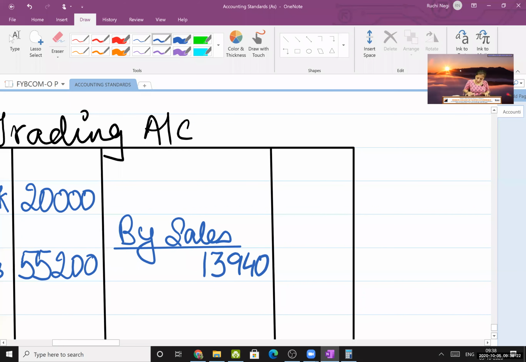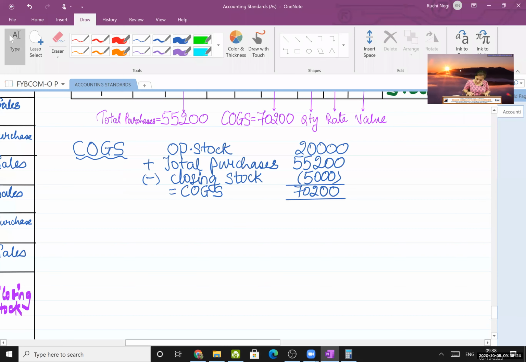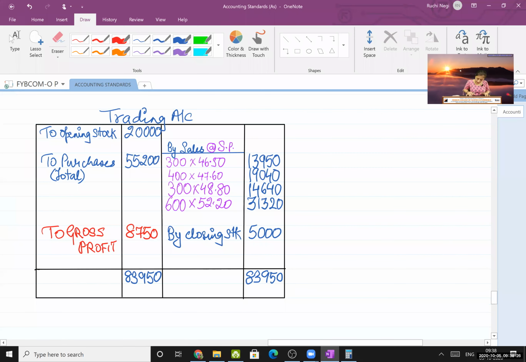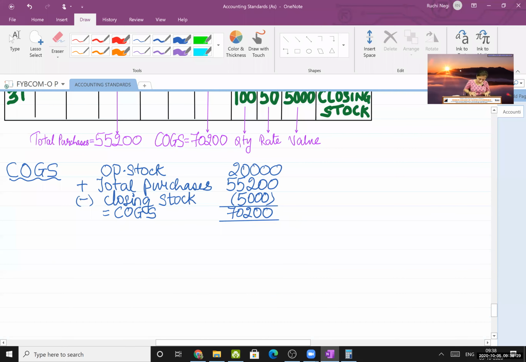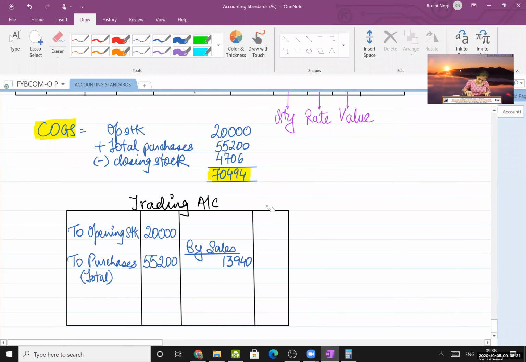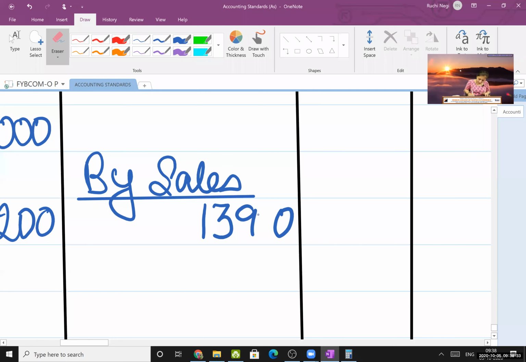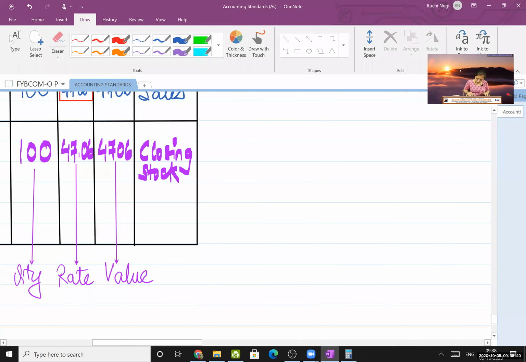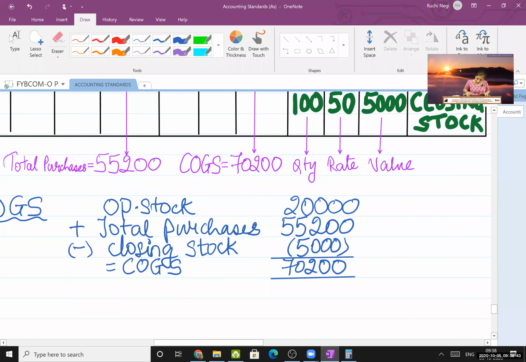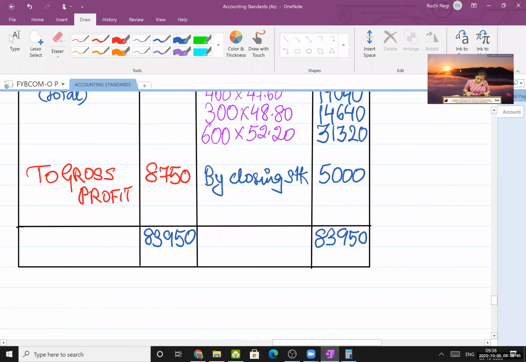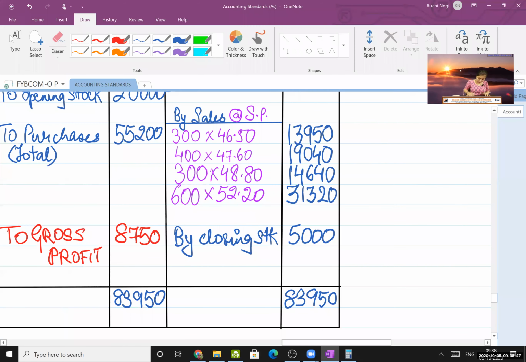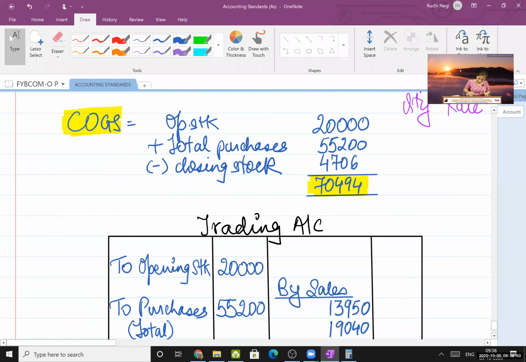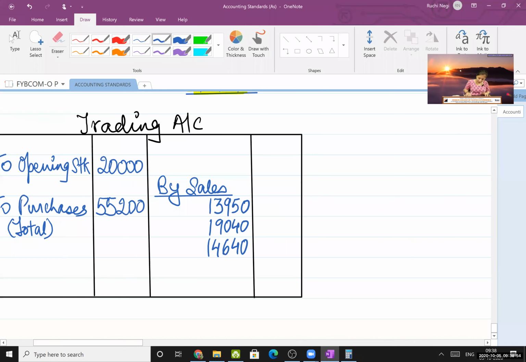And next you take this value. 13,950 and 19,040. Then next, what else? Next sales is 14,640. 14,640.